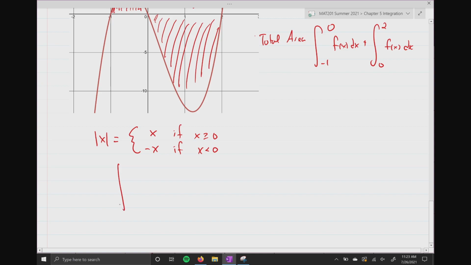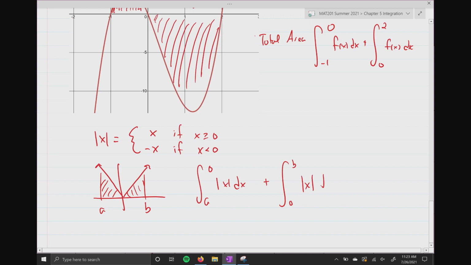So if you wanted to find the area between points A and B, you're going to have to separate this from A to 0 of the absolute value of x dx, and then add it from 0 to B of the absolute value of x dx. Okay? So those are the properties.